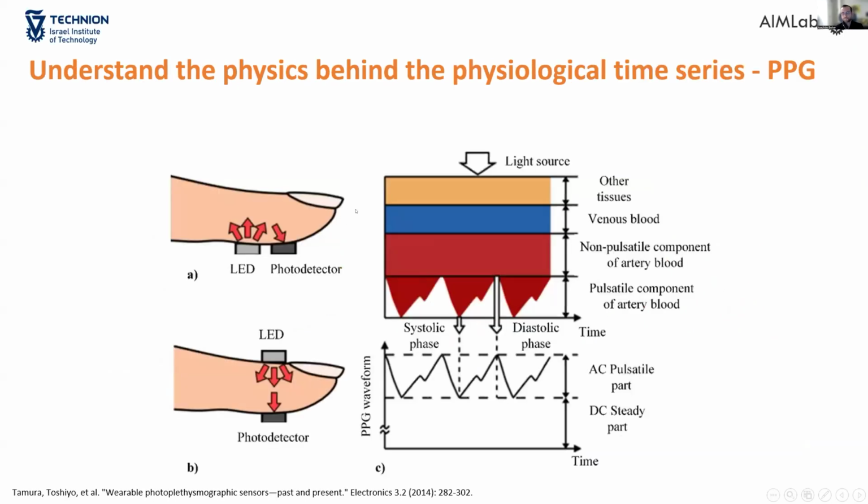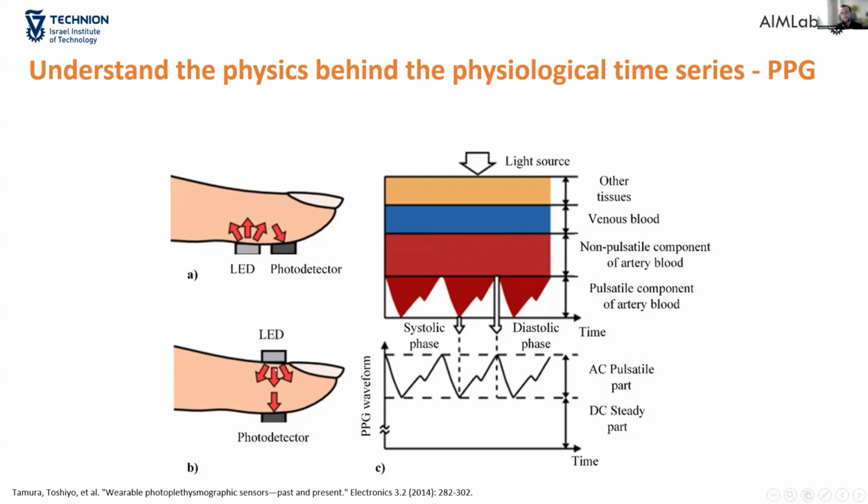There are two ways to measure PPG, at least the two mainstream ones: one is through transmission, and the other through reflectance. What it means is you have an LED throwing light at your finger, and a photodetector on the other side of the finger sensing the light that has been transmitted through the finger.